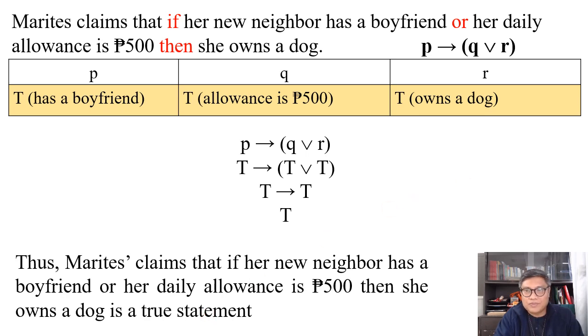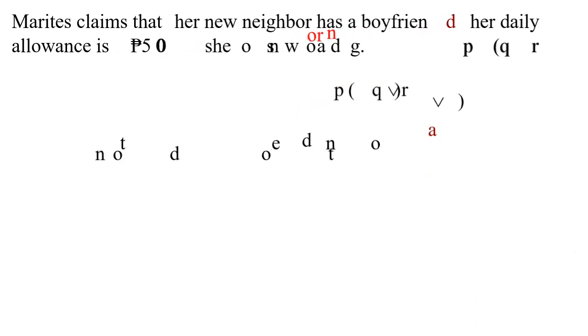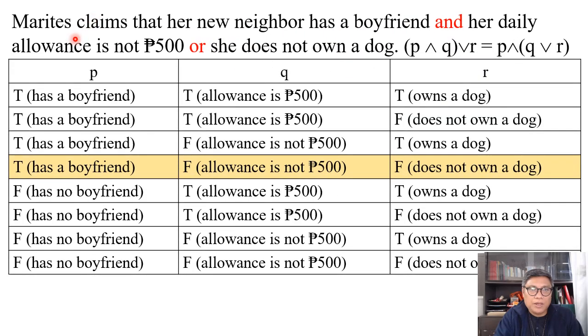So, another example is this one. Marites claims that her new neighbor has a boyfriend. So here we have 4 possibilities: has a boyfriend, has no boyfriend, and her daily allowance is not 500. So we have here daily allowance is not 500. So again, we have another 4 here.